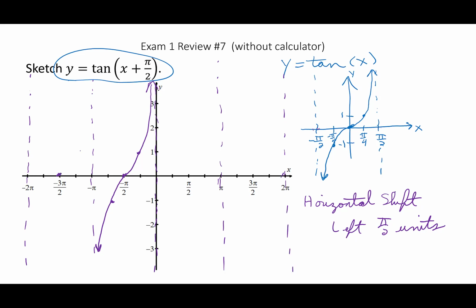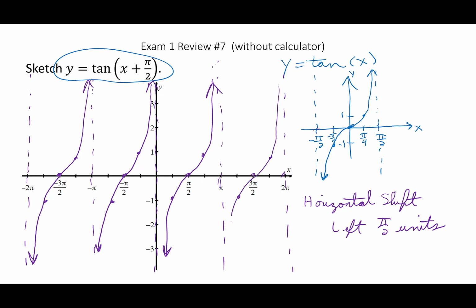And so let's repeat our graph here between each pair of vertical asymptotes. There we go, we got it.